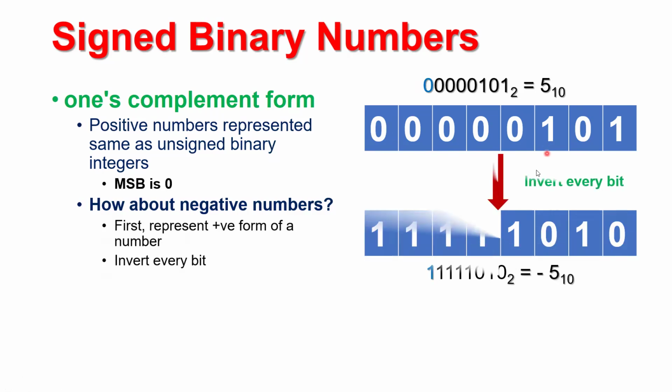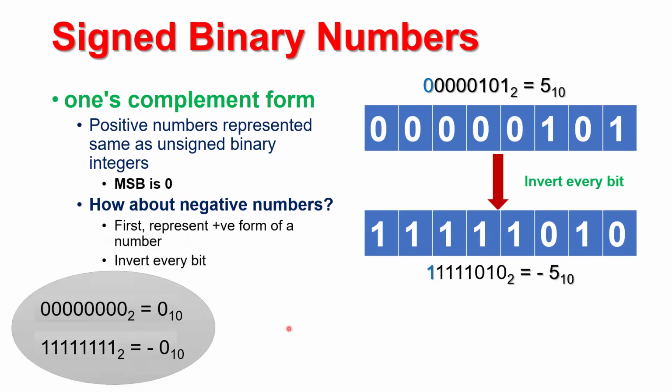This is how it will look. You are inverting every bit in this 8-bit word, and therefore 0 becomes 1 here, and 1 becomes 0. And then you put a negative sign, and that becomes your -5 using one's complement form. So this is how you will represent negative integers in signed binary form.